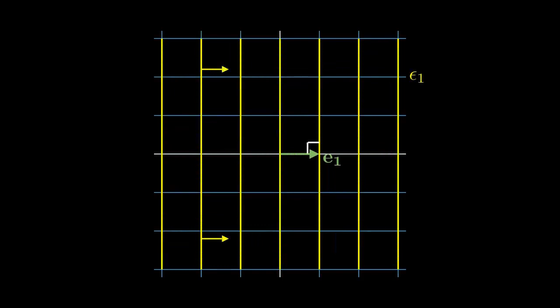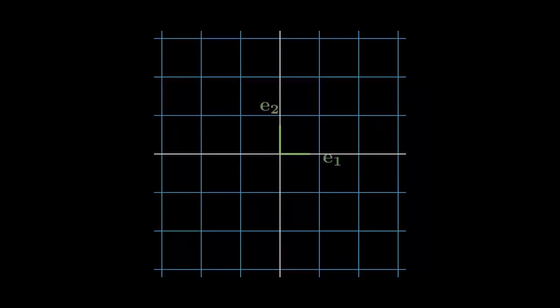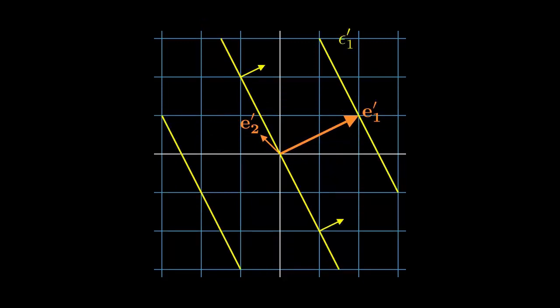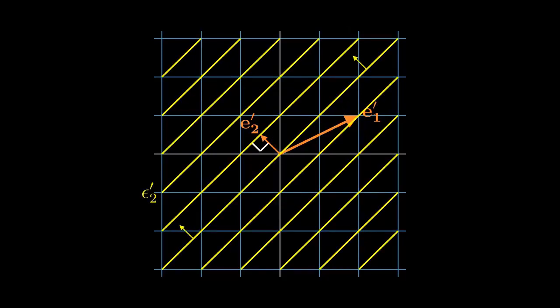For the standard basis, the basis E1 is perpendicular to epsilon 1 and the basis E2 is perpendicular to epsilon 2. When the basis changes, your first guess of epsilon 1 dash is like this. The epsilon 1 dash lines are perpendicular to the e1 dash vector. Then epsilon 2 dash is like this.